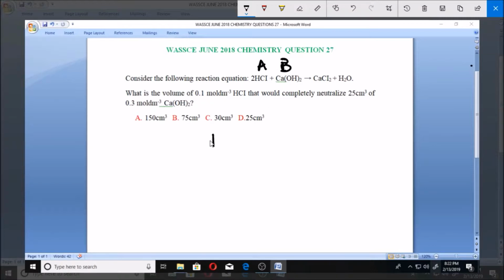Now you can find this topic under titration, or broadly under the topic known as neutralization.